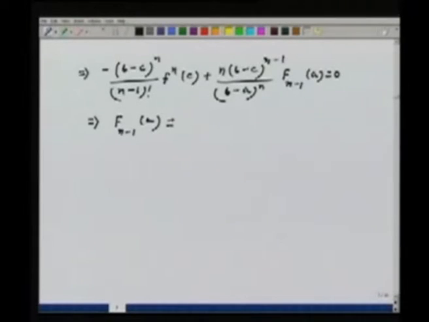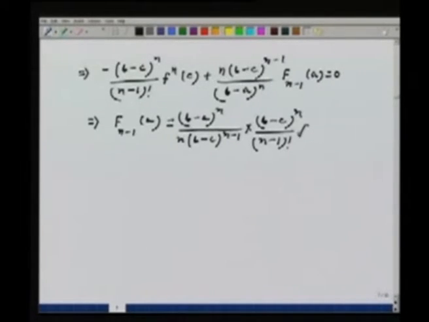This is then equal to (b minus a) power n divided by n into (b minus c) power n minus 1 into (b minus c) power n divided by n minus 1 factorial into f^{(n)}(c). If I calculate this, what comes out is (b minus a) power n divided by factorial n into f^{(n)}(c), which is precisely what I wanted to prove.